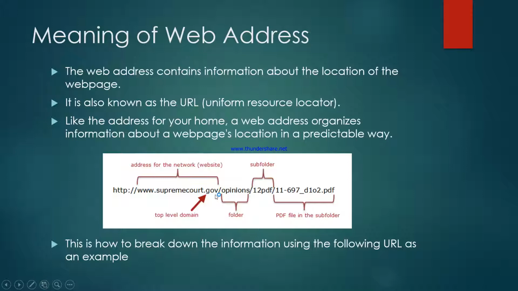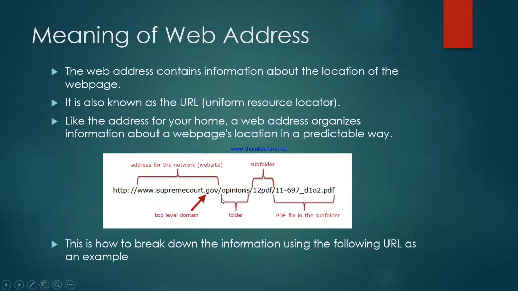Here .gov suggests the domain name. We can see different domain names: if it is .gov, it says that it is a government site. It can be .edu, meaning education, .com meaning commercial, .in meaning India, and different ones.